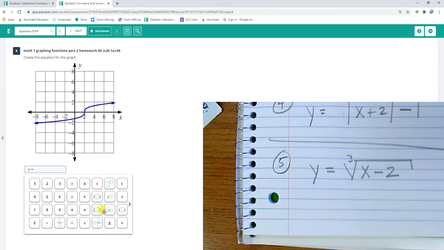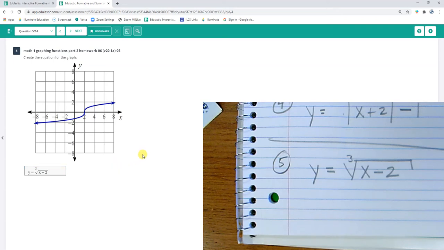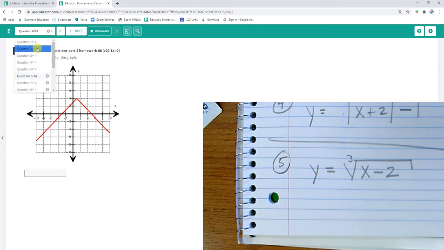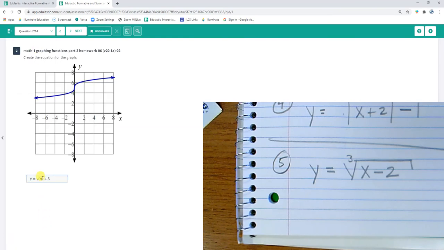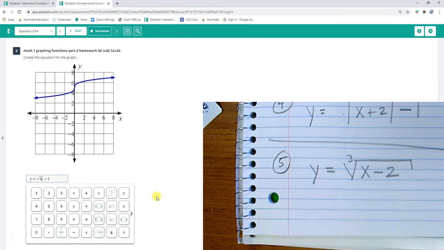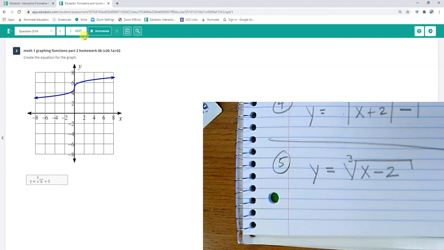Y equals cube root x minus 2. So I had a cube root back here, didn't I? Was this a cube root? That should be a cube root of x plus 5. There, right, cube root of x plus 5.